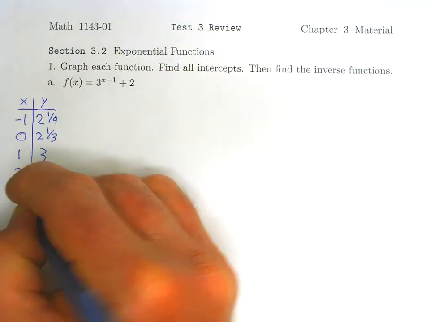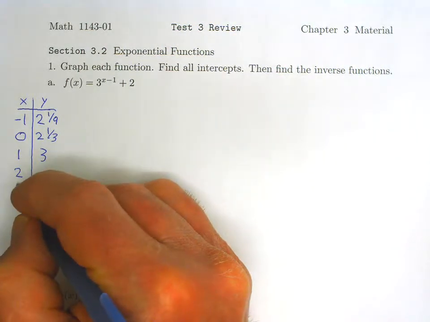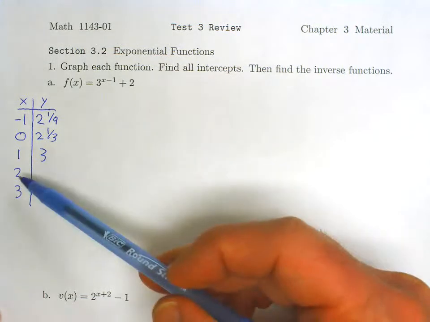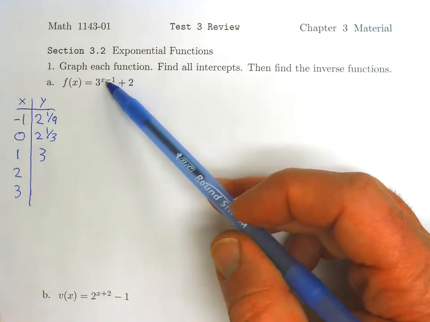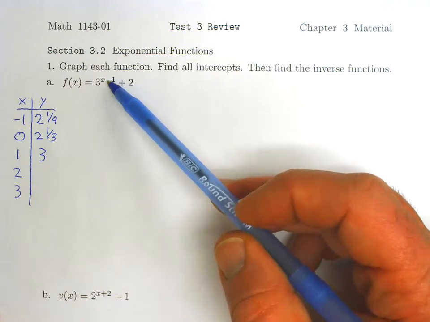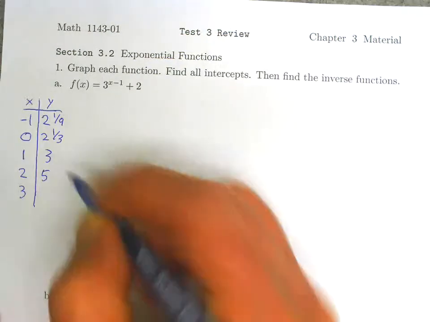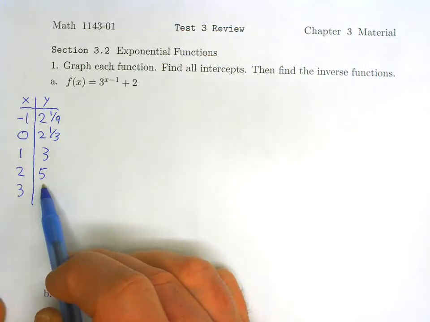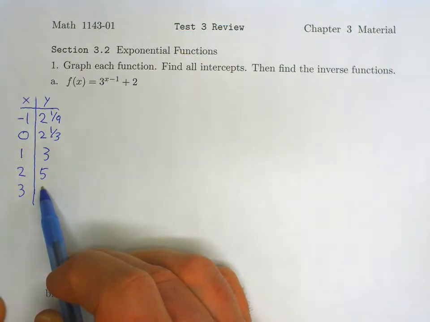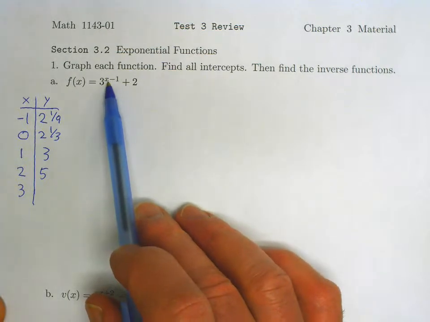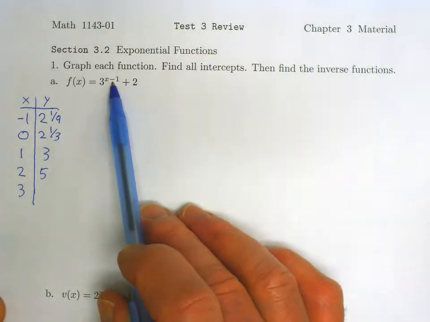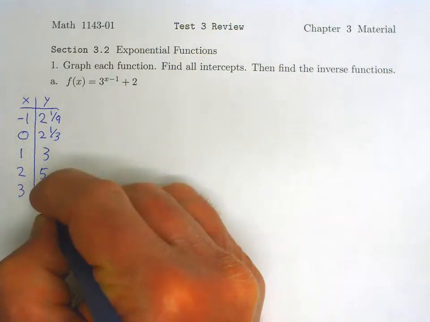And then a couple more points when x is 2 and when x is 3. When x is 2, the exponent 2 minus 1 is 1. 3 to the first is 3. 3 plus 2 is 5. So the ordered pair (2, 5) is a point on the graph. And then finally, when x is 3, 3 to the 3 minus 1 is 3 to the second, or 9. 9 plus 2 is 11.